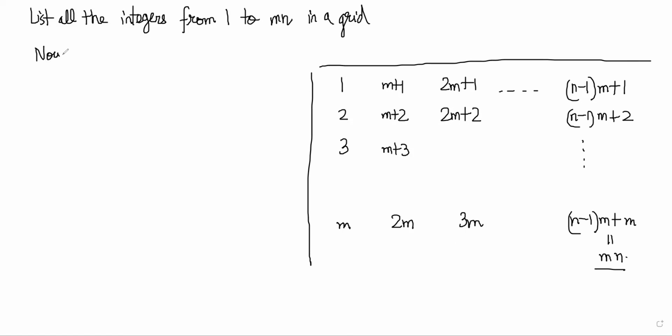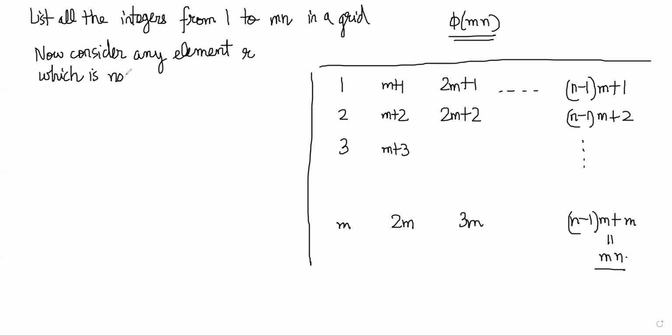Now consider, our job is to find phi of mn, right? Phi of mn is the total number of numbers which are relatively prime to mn, right? From this grid. Now consider any element r, which is not relatively prime to m.